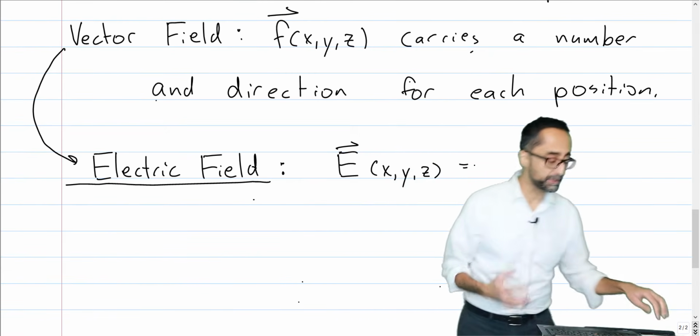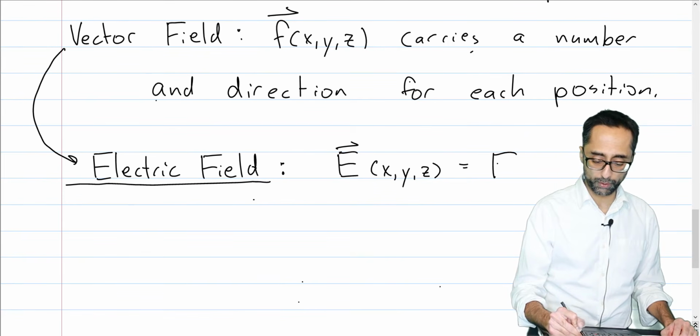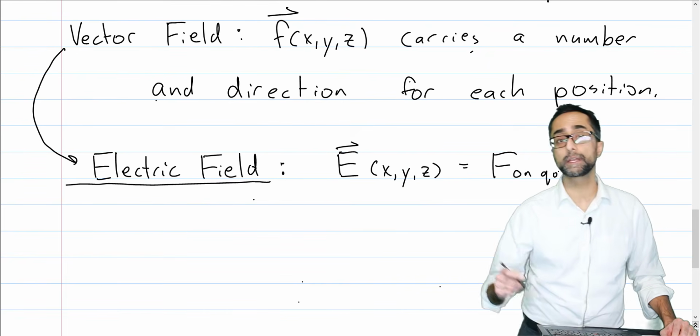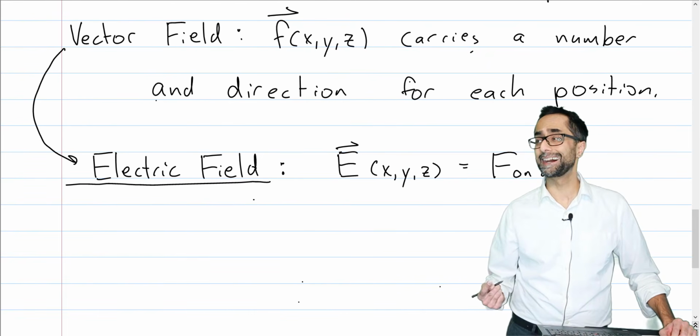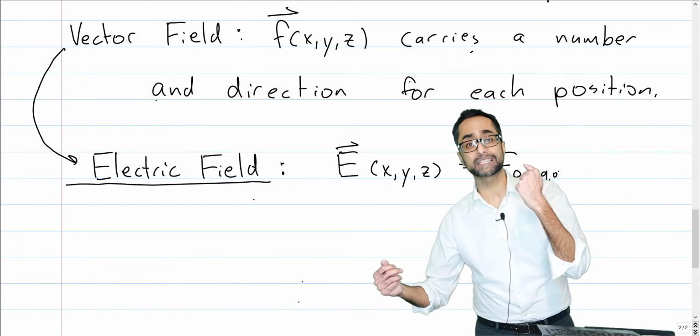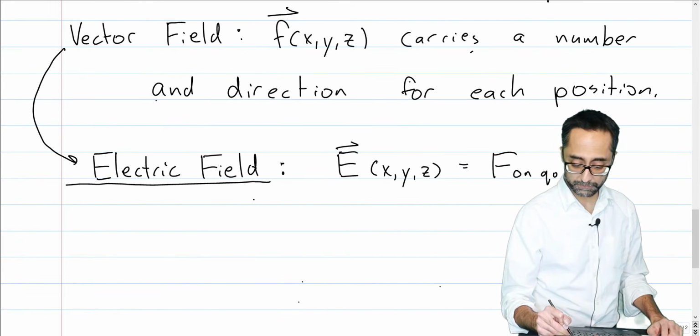Well, there used to be a force when there was a charge there, but what if I take the force on the charge Q naught? Q naught is a designation for a test point charge. So I'm going to call this charge a test point charge. And the force on it is, let's pretend, something we know.